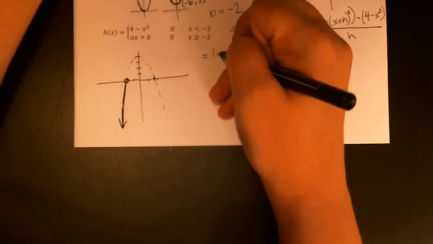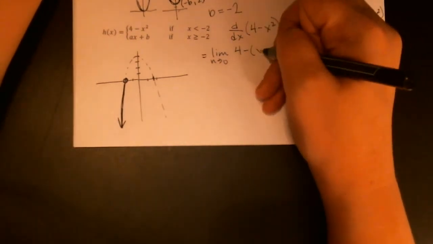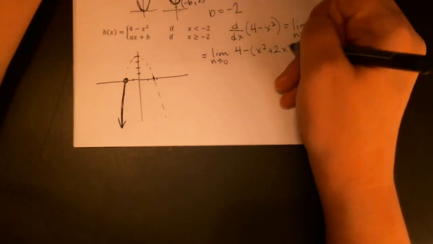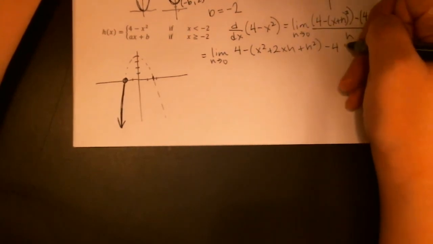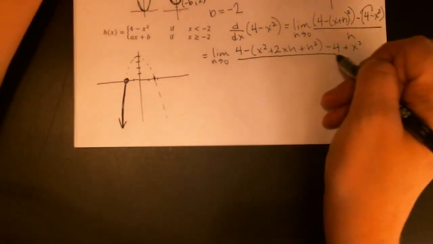Okay, so there's what my derivative function will look like for the parabola, which is going to equal the limit as h approaches 0 of, let's see, okay, so we have 4 minus (x plus h) squared, which is x squared plus 2xh plus h squared, minus 4 plus x squared. Make sure that negative sign distributes.